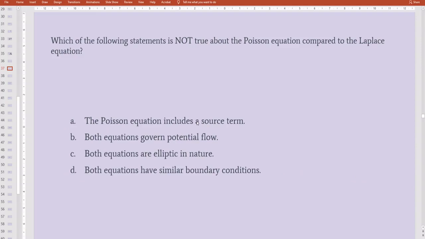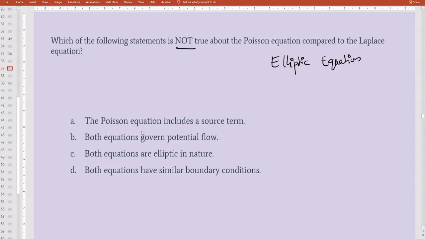Next question: which of the following statements is not true about the Poisson equation compared to that of the Laplace equation? First of all, what is Poisson's equation? Poisson equation and Laplace equation both are elliptic equations. We have already seen what a Laplace equation is.